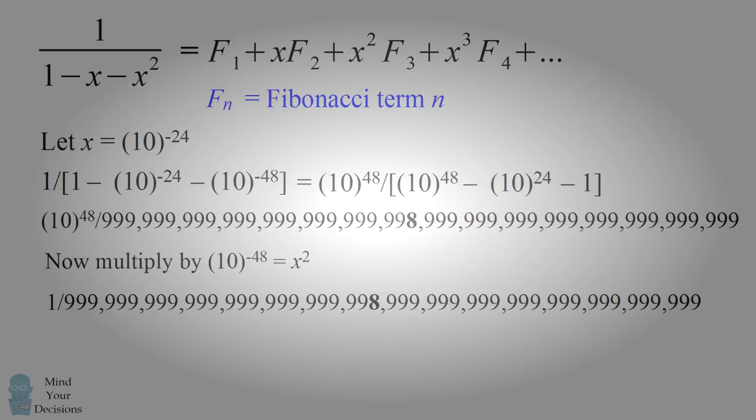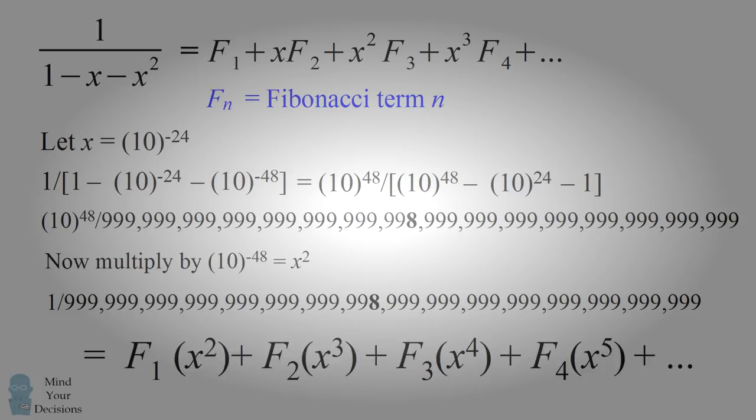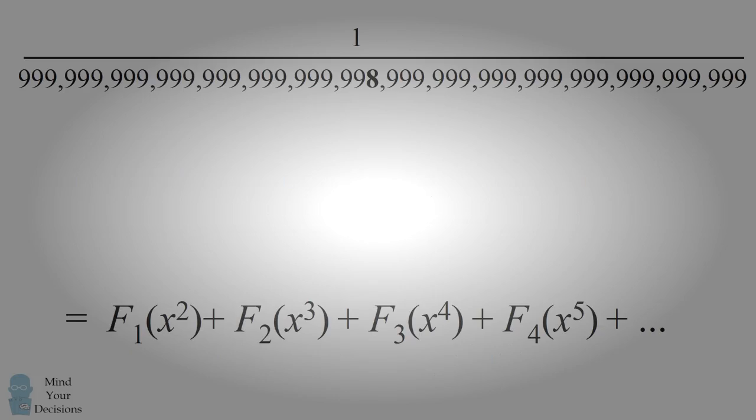And we know from what we just derived, this will be equal to this series of powers of x associated with Fibonacci numbers shifted over by 2 powers of x. In other words, we figured out that this crazy fraction is equal to the following infinite series.